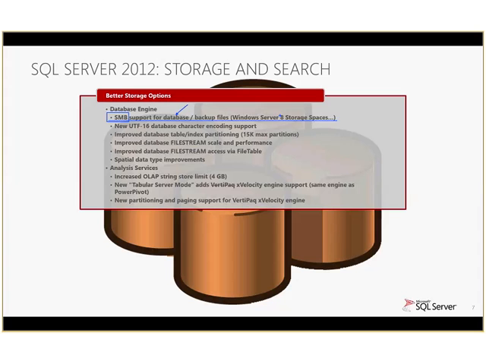And it enabled certain scenarios of database availability. New UTF-16 database character support. They increased table and index partitioning from 1,024 partitions to 15,000 partitions that you can create. Brings it up to par with Oracle now in terms of partitioning.